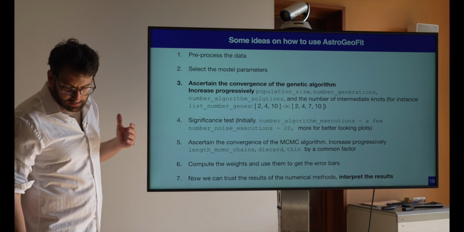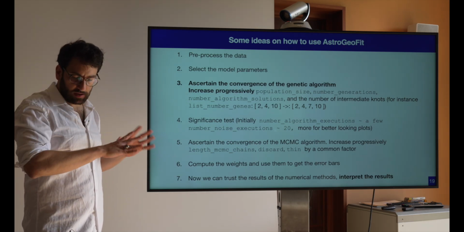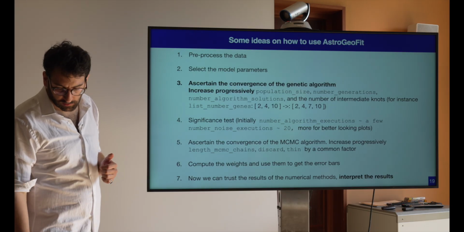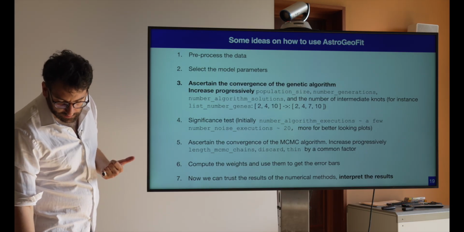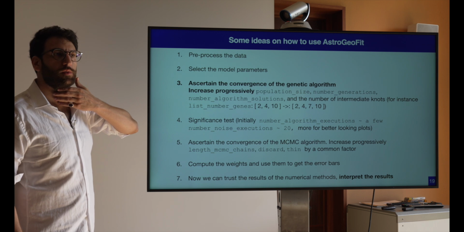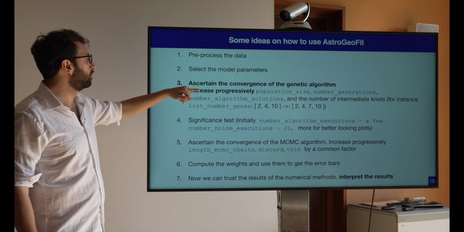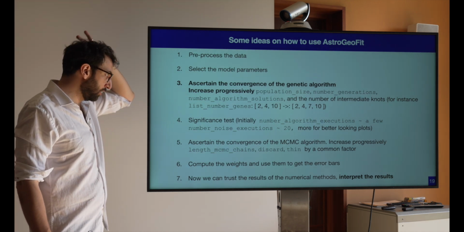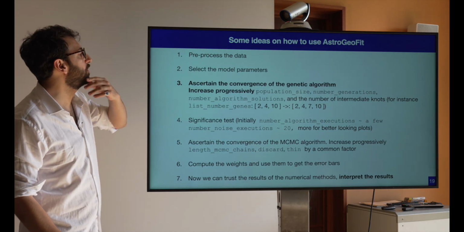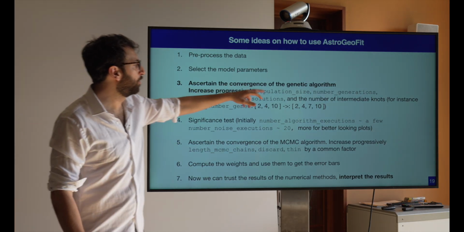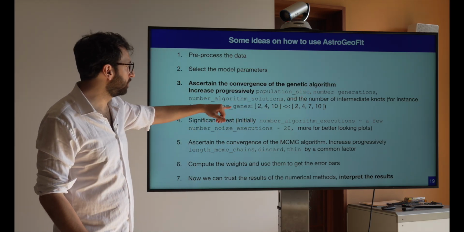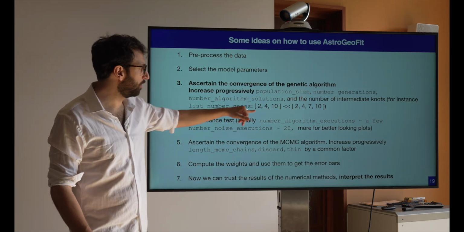Okay, so you have your data, you have your model, now you want to fit the model. The first step is the genetic algorithm, and one way to think about it is to try to make sure that the algorithm converges. You have several parameters you can play with: the population size, the number of generations, the number of algorithm solutions, and the list of the number of genes.